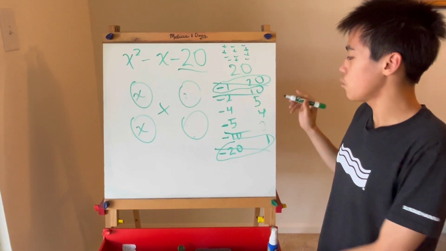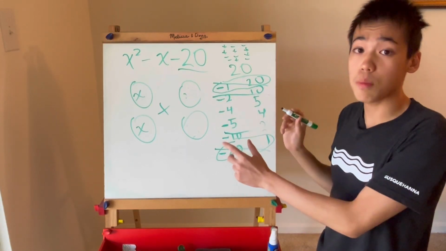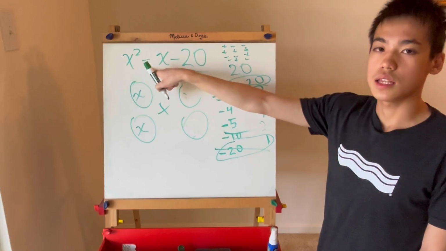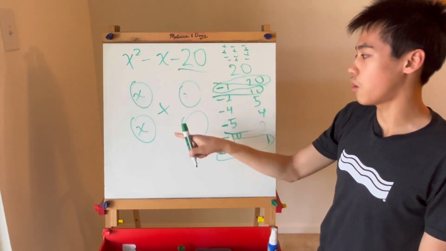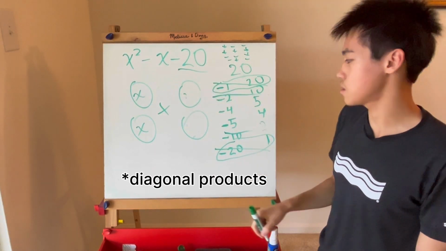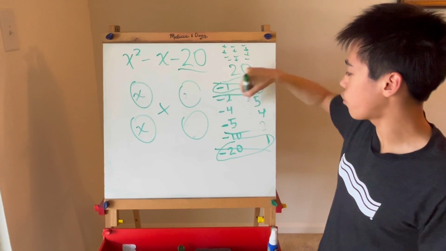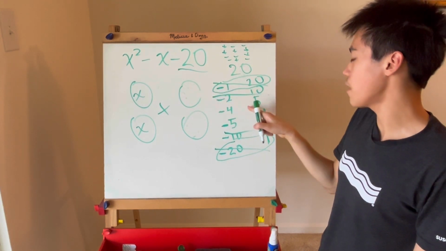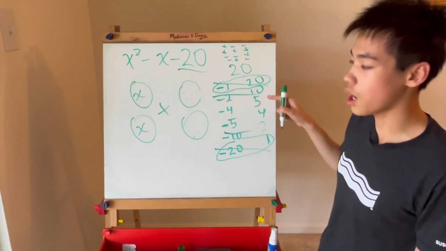So we can now test these two possibilities and see which one indeed gives -x as our sum of diagonal pairs. Let's try -4 and 5. So -4 plus 5 is +1.